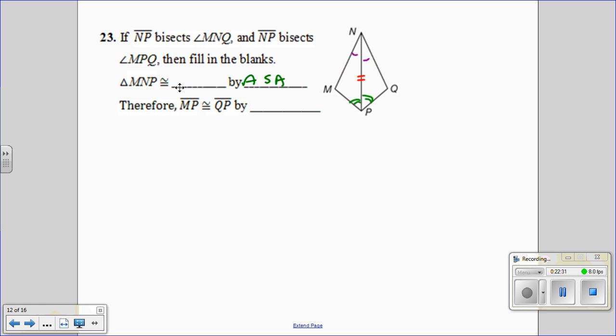So triangle MNP is congruent to triangle QNP. Therefore, we can say MP is congruent to QP by CPCTC. Corresponding parts of congruent triangles are congruent.